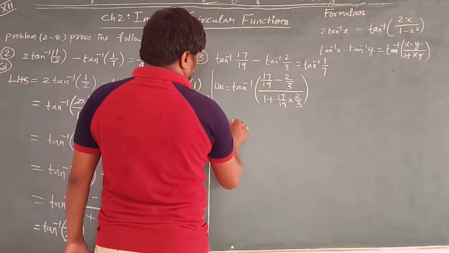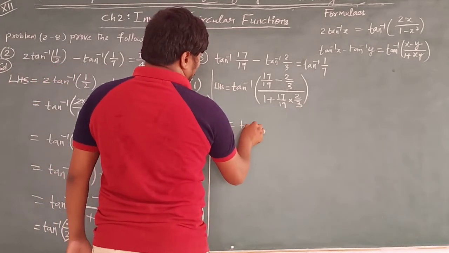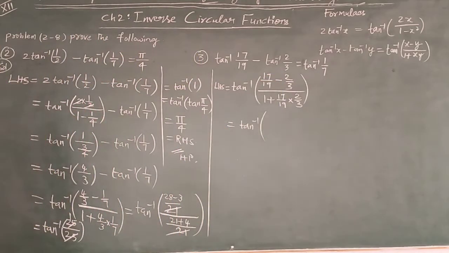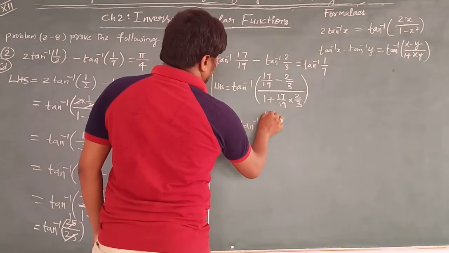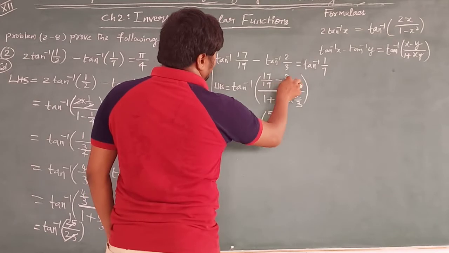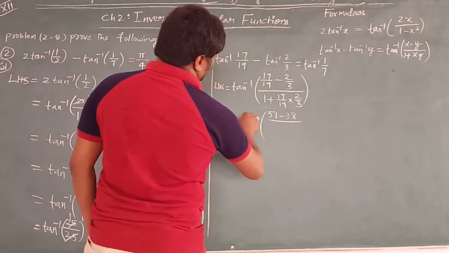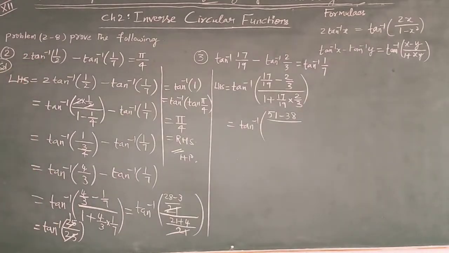Now what we need to do here? Right here, tan inverse. 17 3s are how much? 17 3s are 51, so we can write that as 51. Then 51 minus 19 2s, how much? That is 38, upon. 17 3s are 51, 19 2s are 38.